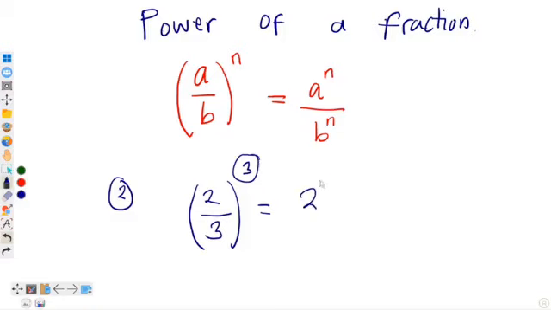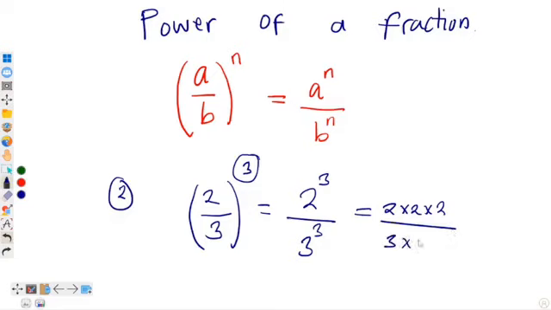So you are going to have 2 power 3 over 3 power 3. 2 power 3 means 2 times 2 times 2. You multiply the base 2 by itself 3 times.